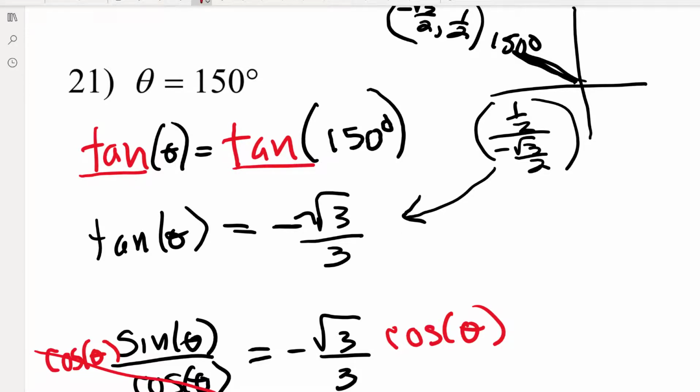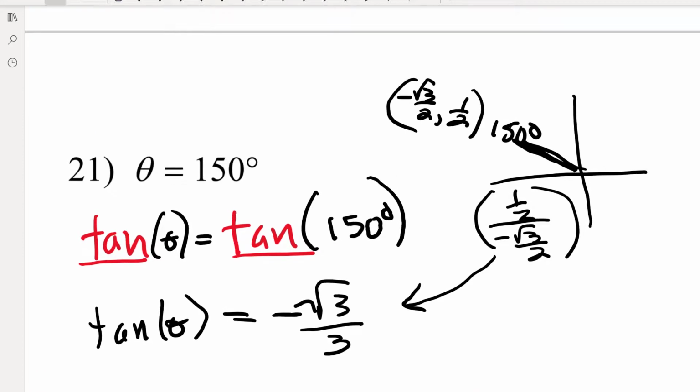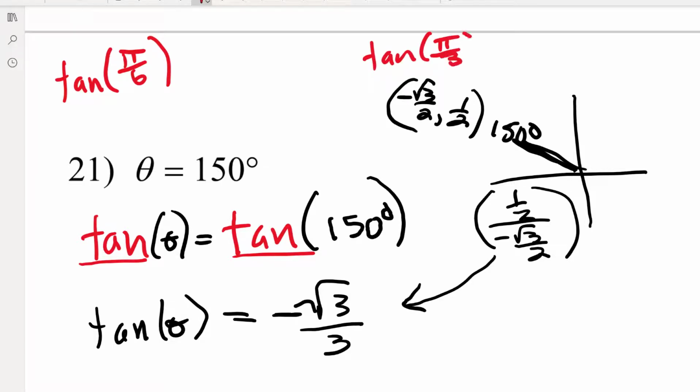And then remember, this is just a fact you're going to have to memorize: at all of the pi 6's, so pi 6, 5 pi 6, 7 pi 6, 11 pi 6, and then at all of the pi thirds. At all the pi 6's, tangent will either be positive or negative root 3 over 3. At all of the pi thirds, tangent will be positive or negative root 3.